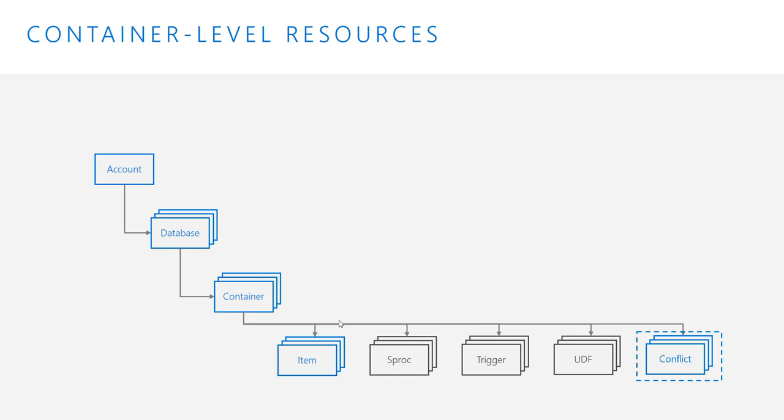And then there's another thing called conflicts. So in a container, you can get some conflict documents. How do these conflict documents come about? If you remember, when we are doing the global distribution, our data is distributed globally and we also have automatic failover.